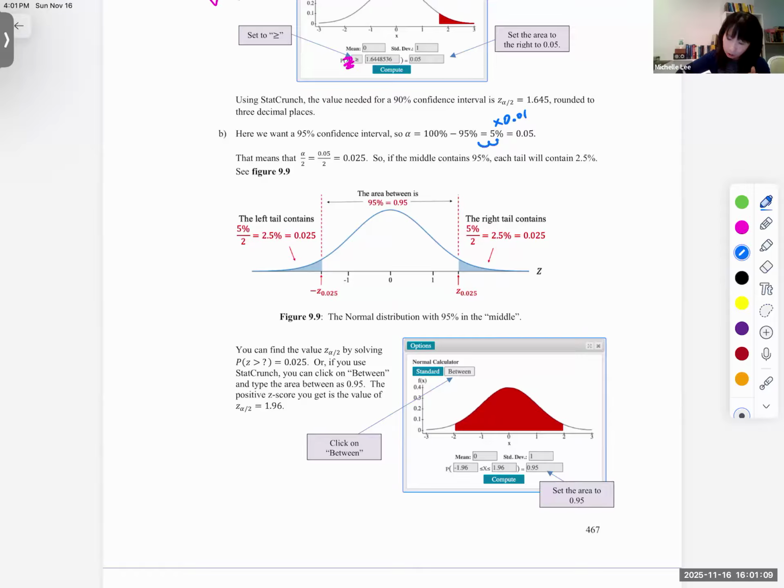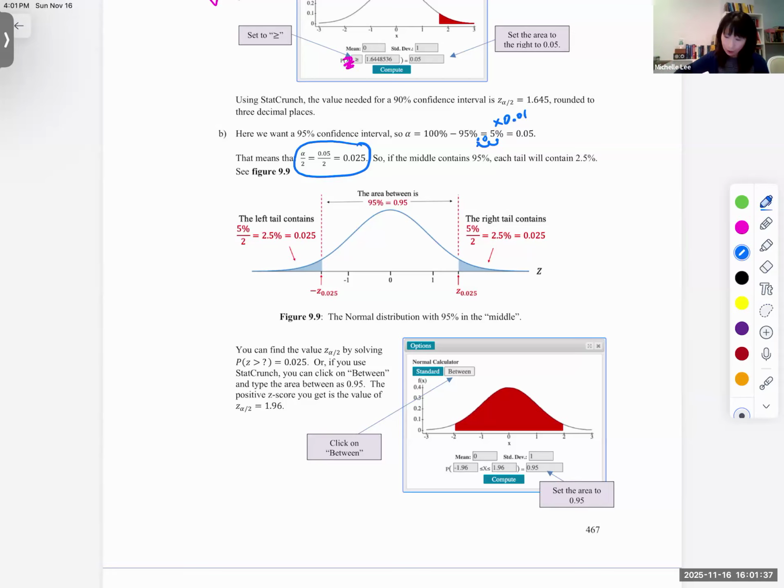Then alpha over 2 means 0.05 over 2, that is 0.025. So 0.025 will be the area of the right tail, right?